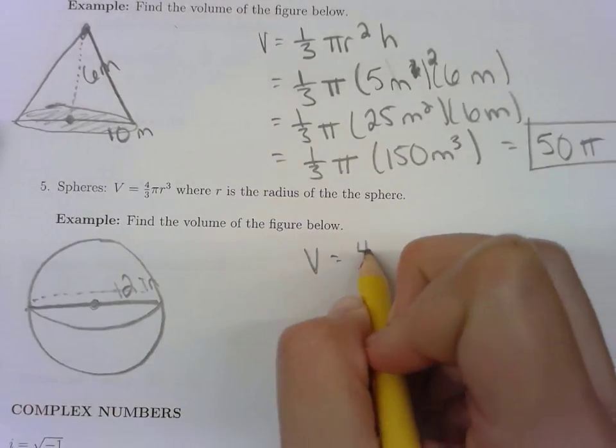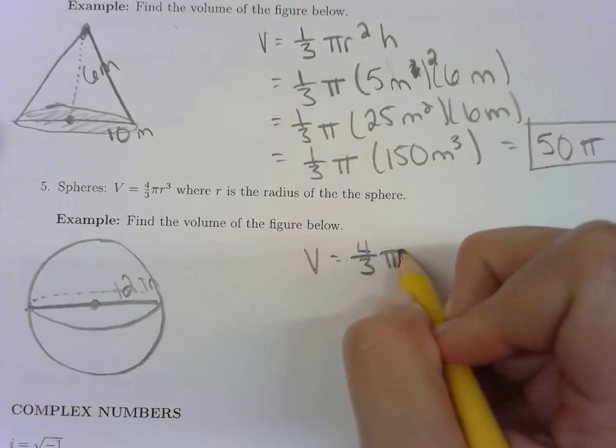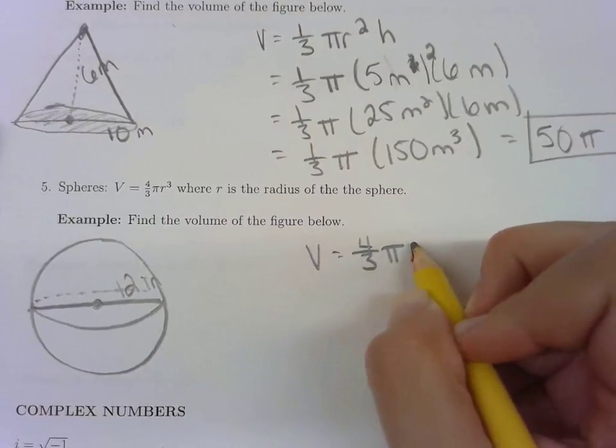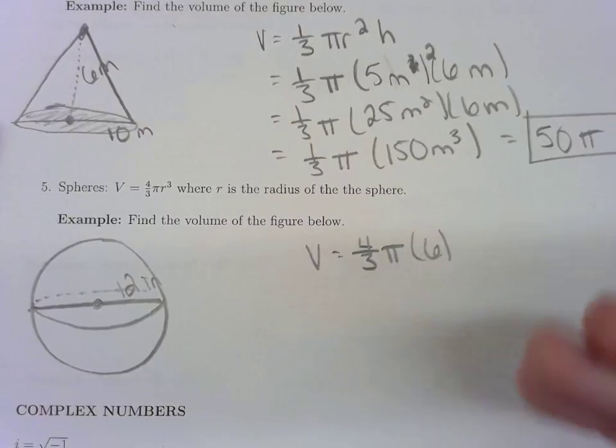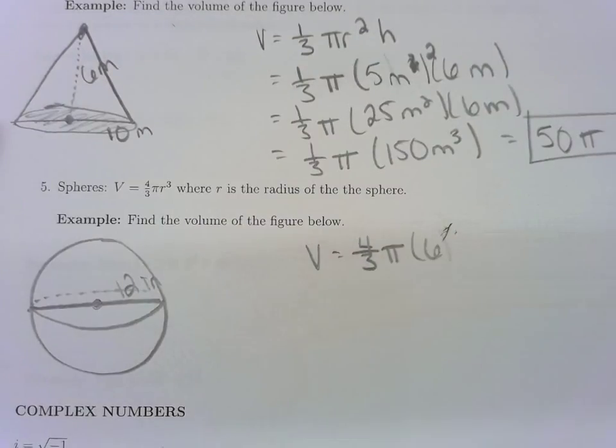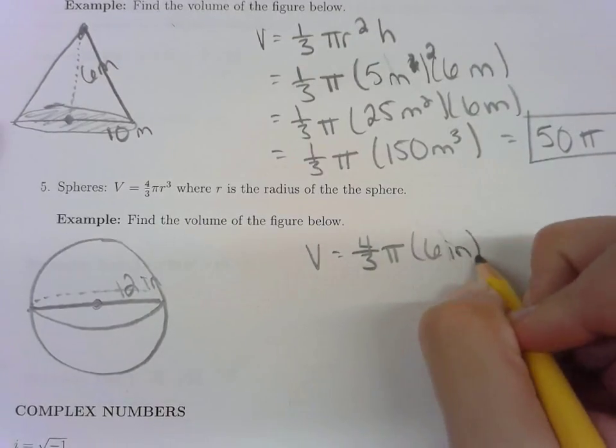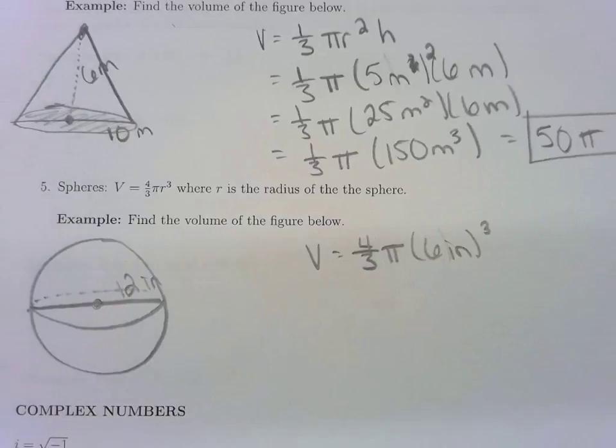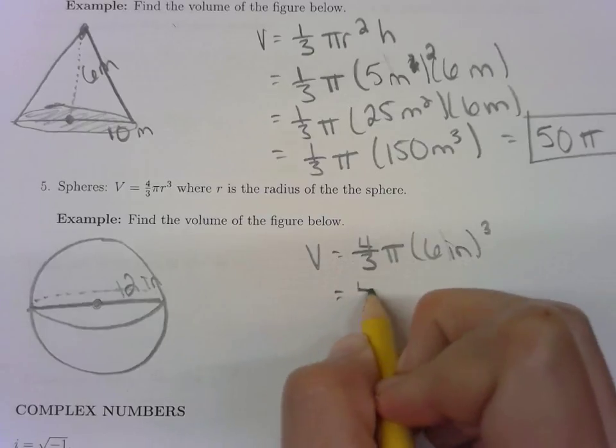So volume is 4/3 pi. Our r here would be 6. So then this is 6 inches, and that's cubed. I keep forgetting my unit. Notice the r is 6, not 12. So let's go ahead and cube 6. 6 times 6 times 6 is 216.